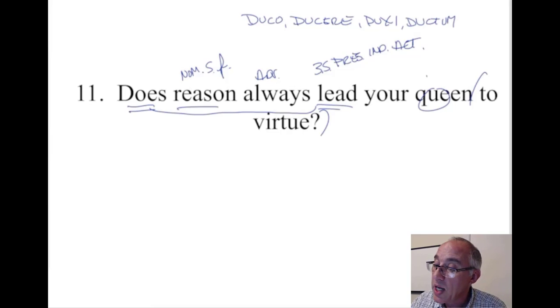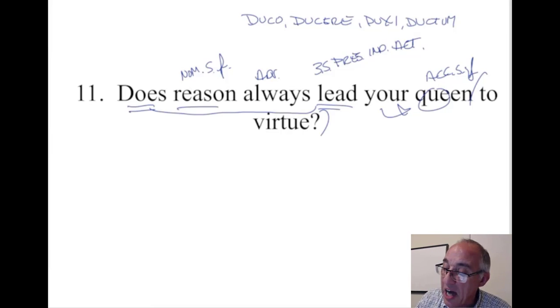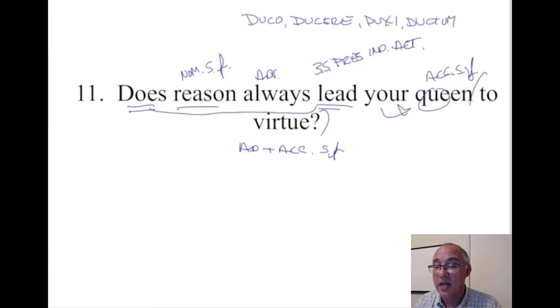Your queen, accusative, singular feminine, and your is going to modify it. To virtue, let's say ad plus the accusative, and virtutem is accusative, singular feminine, in this case. Reason, ratio, and it's going to be a question, so we can say ratione. Put that ne at the end of the first word to let you know it's a question.